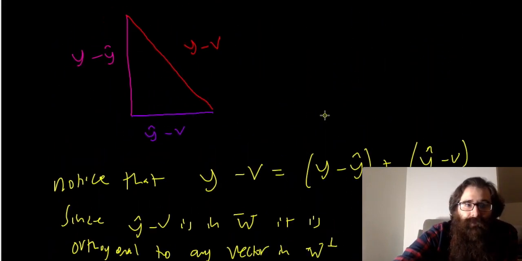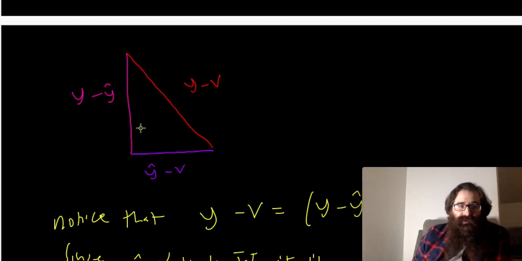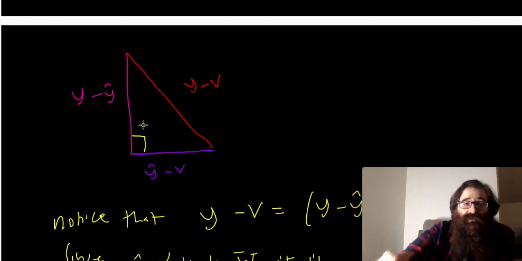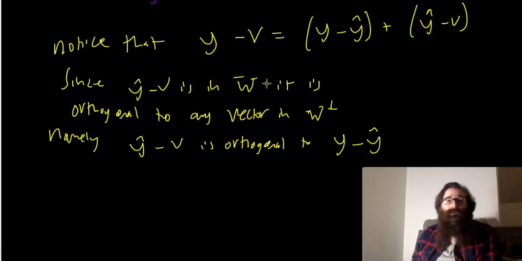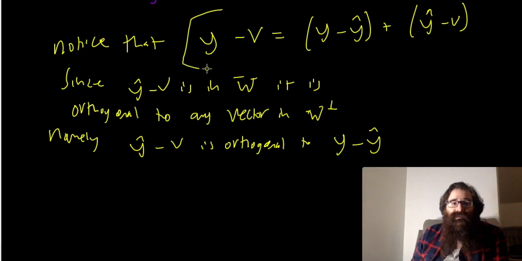So I have y hat minus v is orthogonal to y minus y hat. And I can draw in this right angle. What's nice about this is, from this relationship that I have written up here, it gives me Pythagorean's theorem.